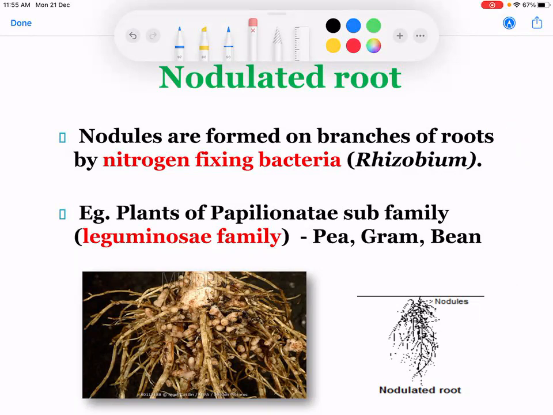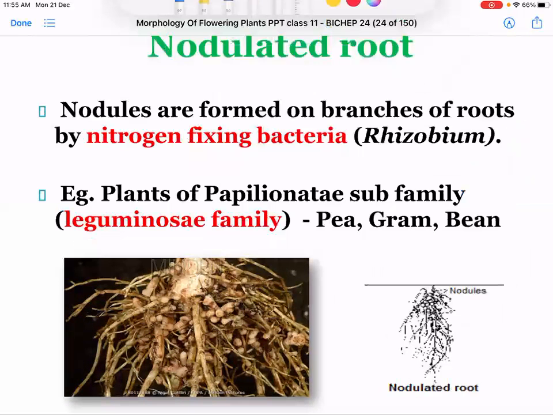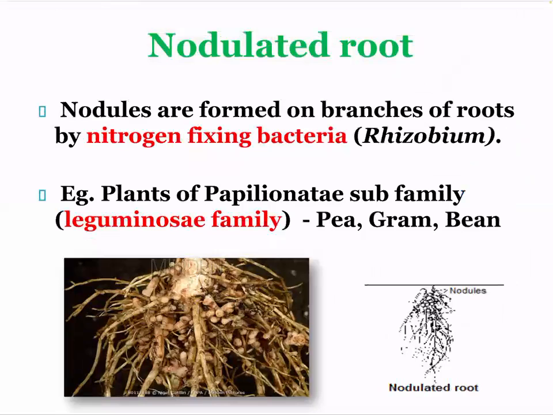Examples are pea, gram, or bean. So these are the four basic types of roots. Please take a screenshot of this slide.